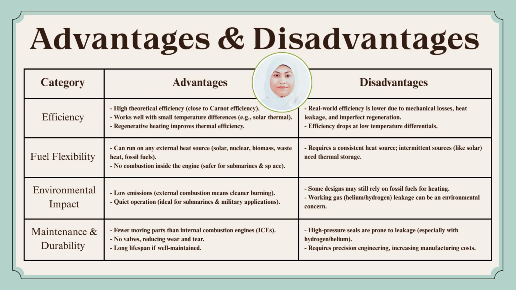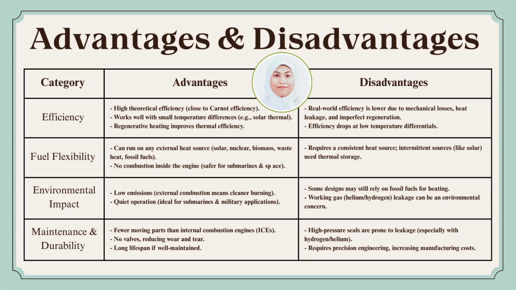Stirling engines have advantages and disadvantages. Firstly, efficiency. The Stirling engine promises near perfect efficiency, squeezing every drop of energy from heat, but reality bites: mechanical losses and heat leaks drag performance down. Still, its ability to harness small temperature gaps makes it a solar thermal champion. Second, fuel flexibility.